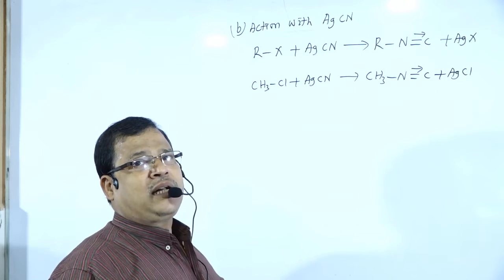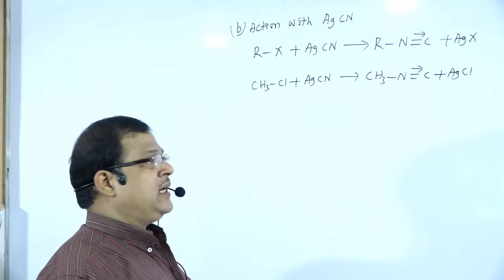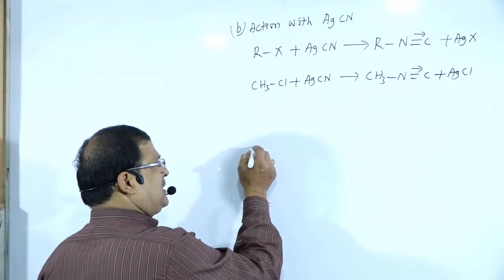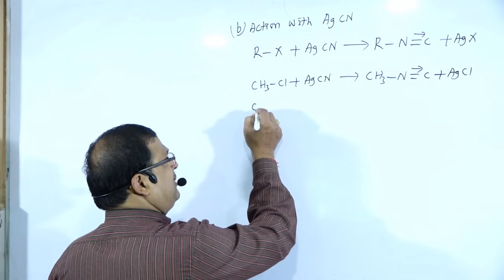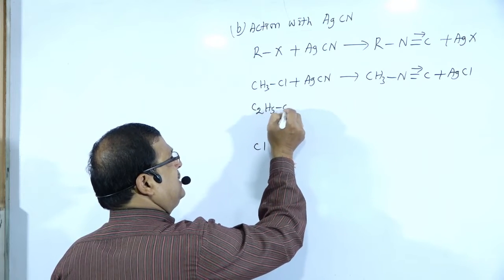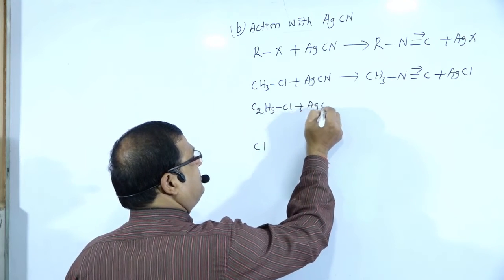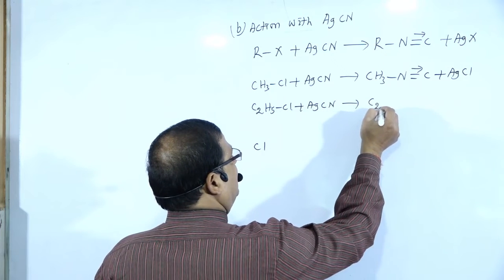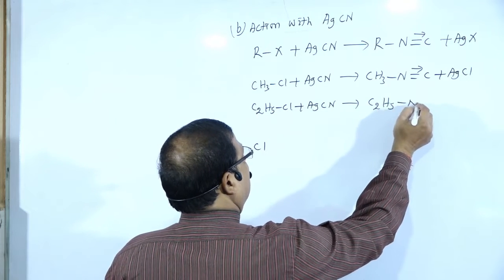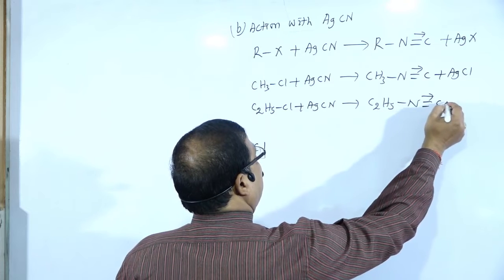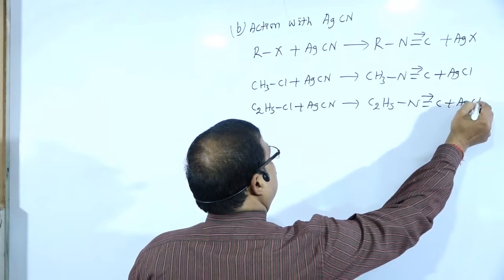Similarly, if we take C2H5Cl plus AgCN, there is the formation of C2H5NC plus AgCl.